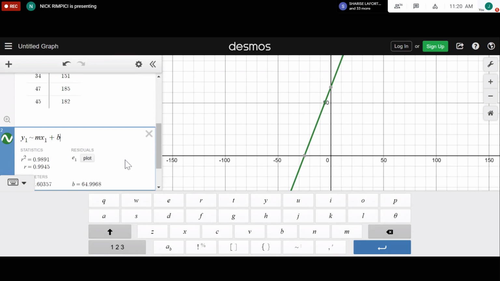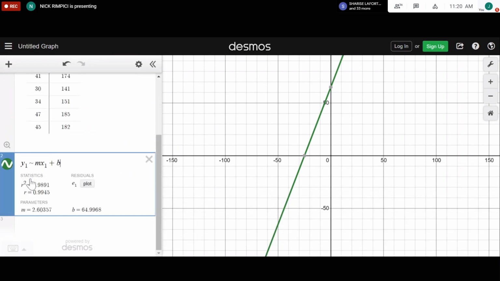And now I get a line of best fit, and there's everything that I would need. Okay, it's all here. So see that my m is 2.6. I'm going to round, and I'm going to say my b is 65. So m is 2.6 and b is 65.